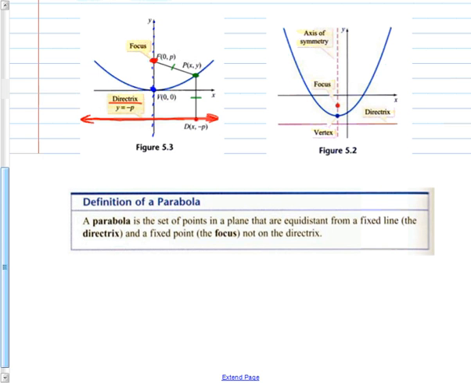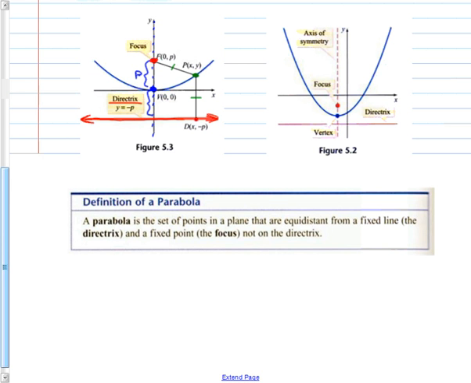So if I go to the vertex right over here, I know this distance and this distance are the same. The distance between the vertex and the focus, we're going to call that length P. So when we see an equation, we're going to see a P in it, and that's what we're referring to. Notice 0, comma P right there.